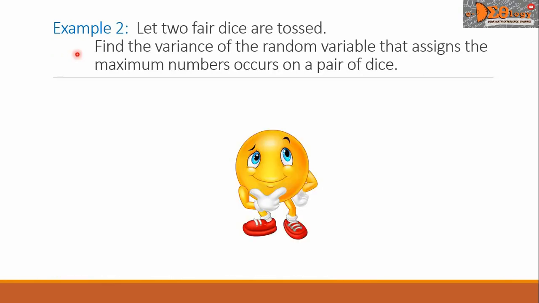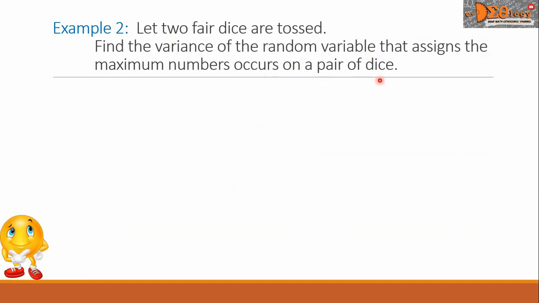Now example 2. Let two fair dice be tossed. Find the variance of the random variable that assigns the maximum number that occurs on a pair of dice. Step 1. Let us write the sample space.